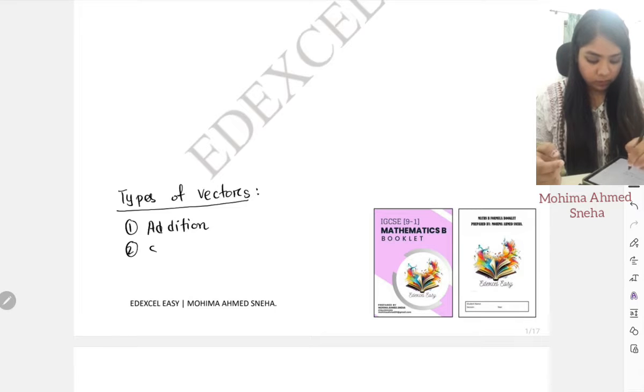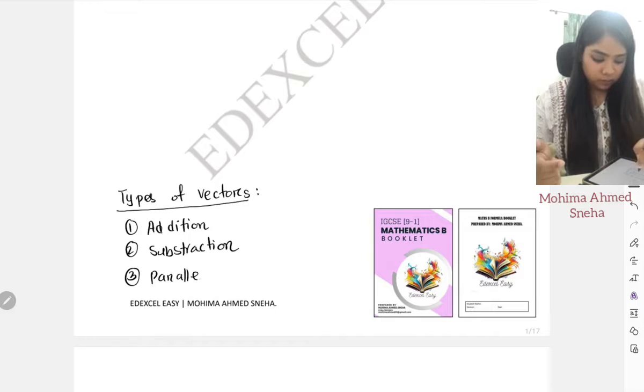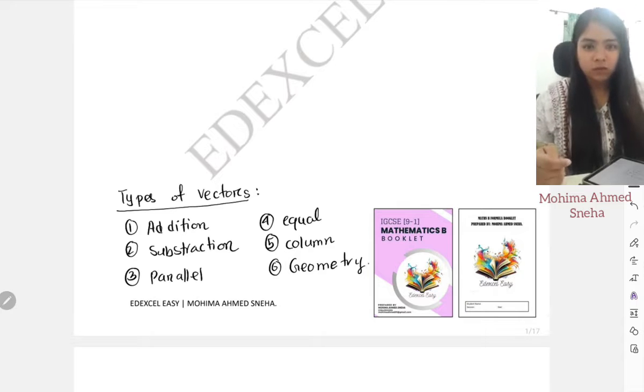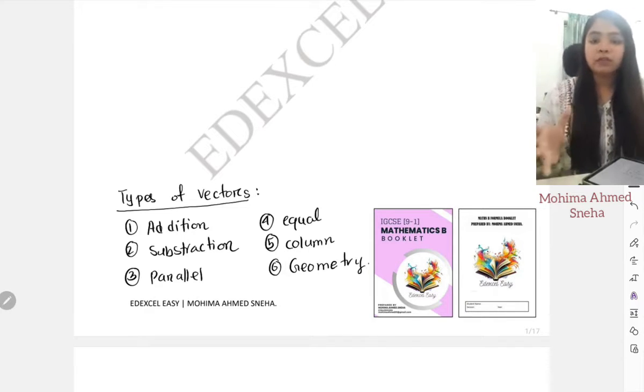Then obviously subtraction vector. Then you have parallel vectors. Then on fourth you have equal vectors. On fifth you have column vectors. And finally on sixth you have vector geometry, where you have to use vector concepts, basically column vector concepts, in any kind of regular geometrical objects they're going to ask in the question.